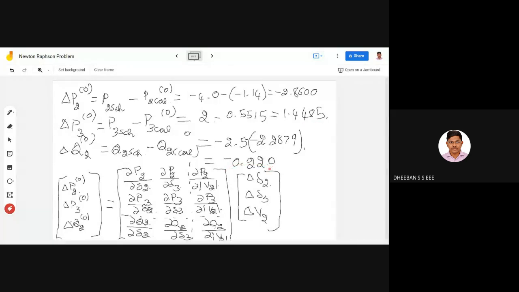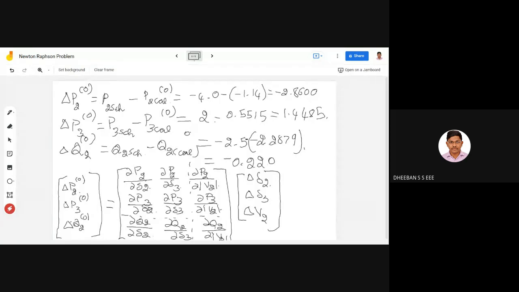So these values will be coming over here, and we have to find these values. These values have to be within the convergence limit epsilon. We have to check whether these values are coming within the limit of your epsilon, that is your convergence limit.